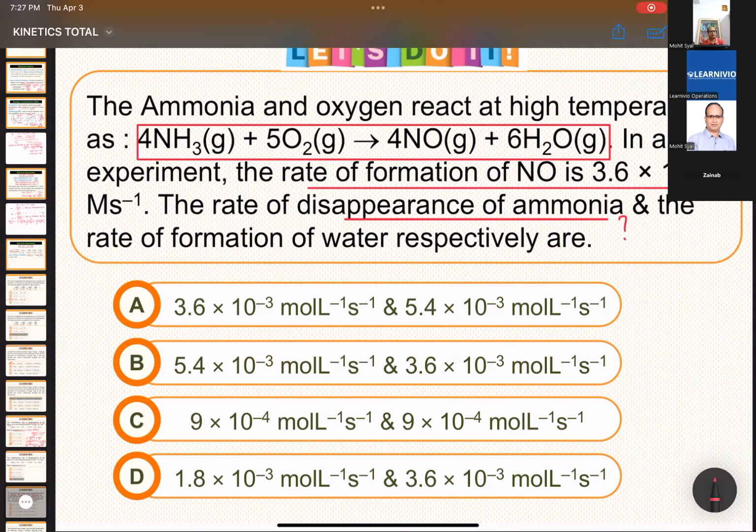Without calculation, I can predict this one and this one both are the same. How did I predict this? Can you tell me quickly, I have not written anything?